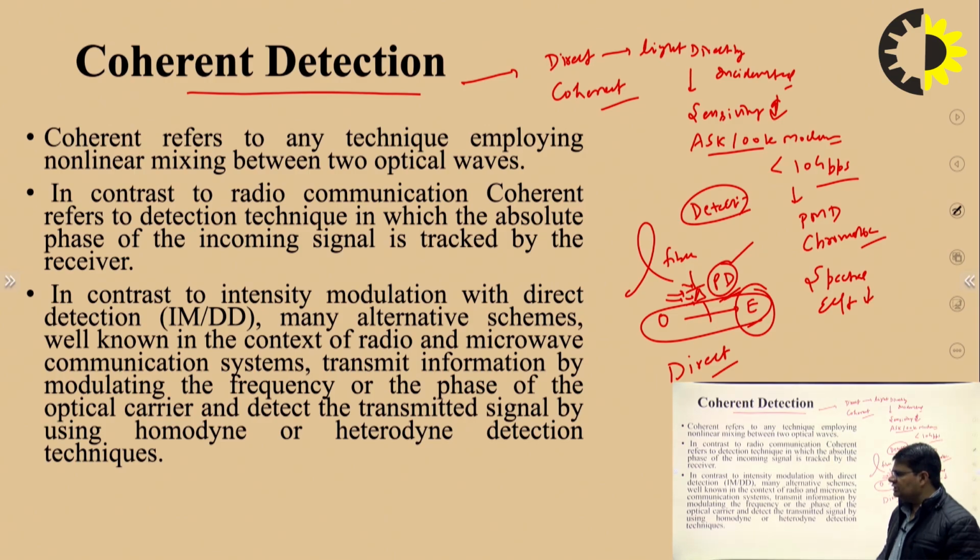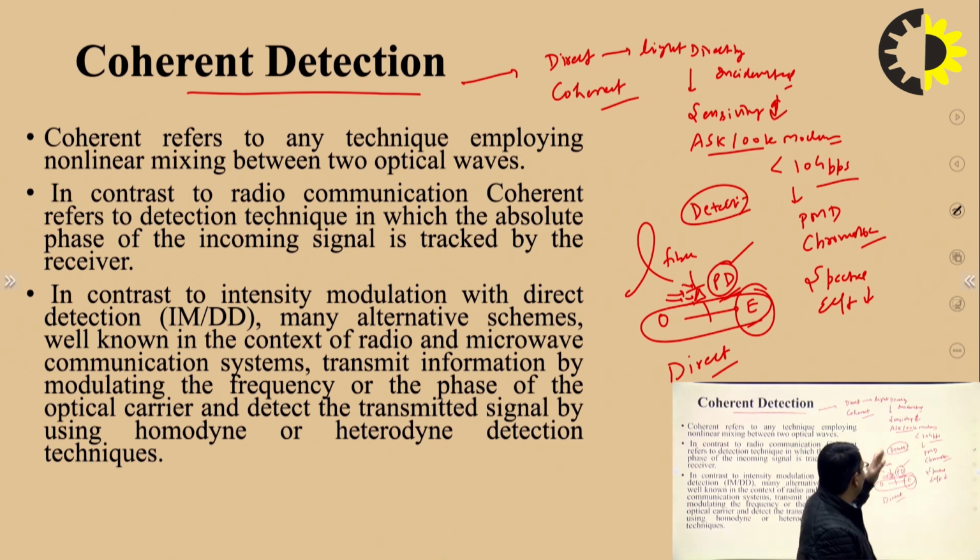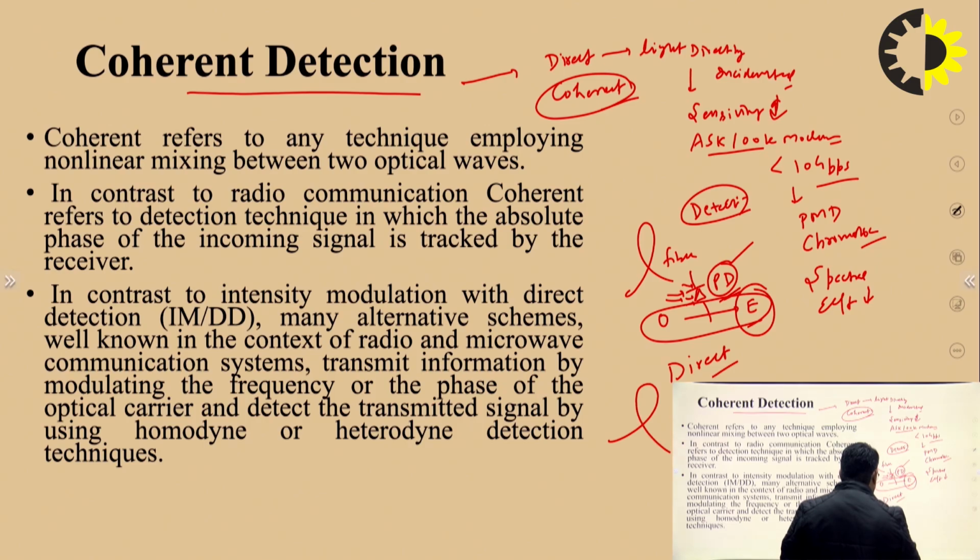So to overcome these limitations, we are proposing coherent detection. In coherent detection, we have the source signal that was being transmitted, and then we use a local oscillator, or a local optical source.